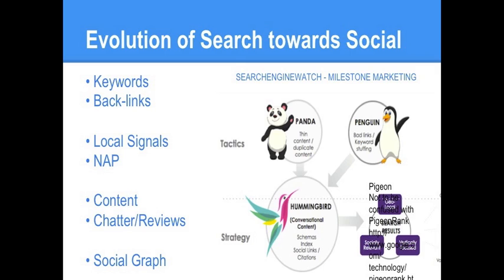And now all of a sudden, local signals, links and shares and other things that are around you or even in your industry began to matter more. And what we call NAP, name, address, phone, became very, very important in your online identity. Whether you know it or not, if you have a business that's out there, Google has set up a page for you. And they're doing that off the name, address, phone.